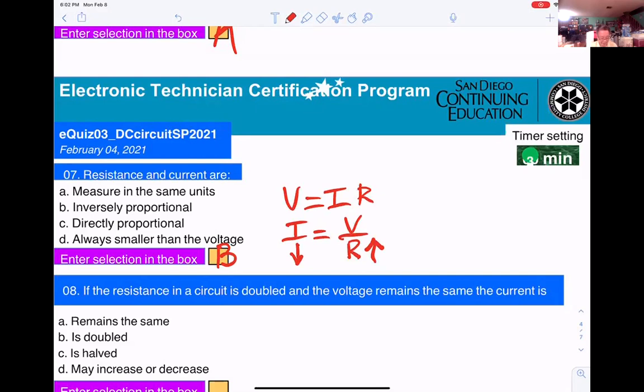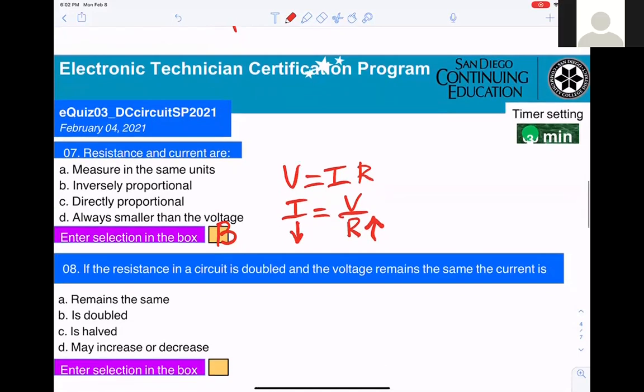That's why they say inversely proportional: one goes up, the other goes down. If R goes down, that means you get more current. Makes sense.